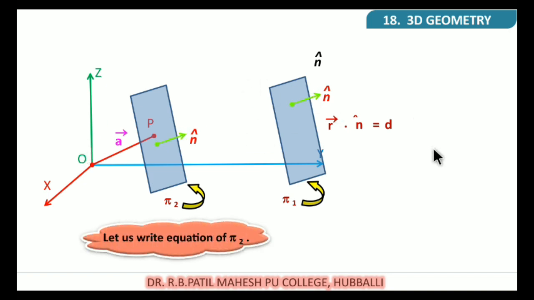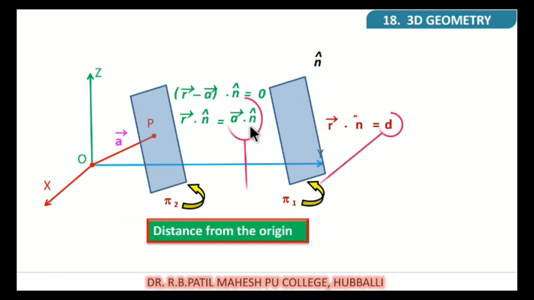Now, let us write the equation of pi 2. So, this will be (r minus vector A) dot n cap is equal to 0. So, this is the equation of the plane here. We can simplify this as r dot n cap minus a dot n cap, means you can transfer to the RHS, it becomes a vector dot n cap.